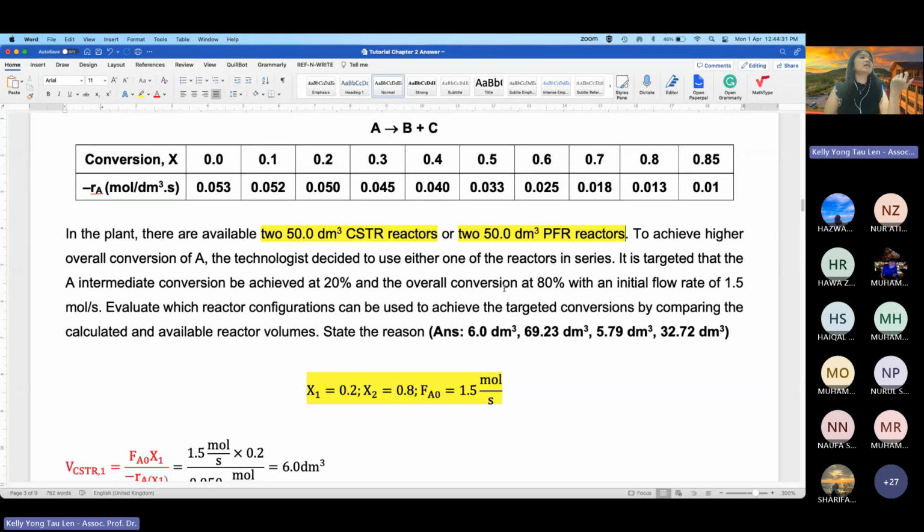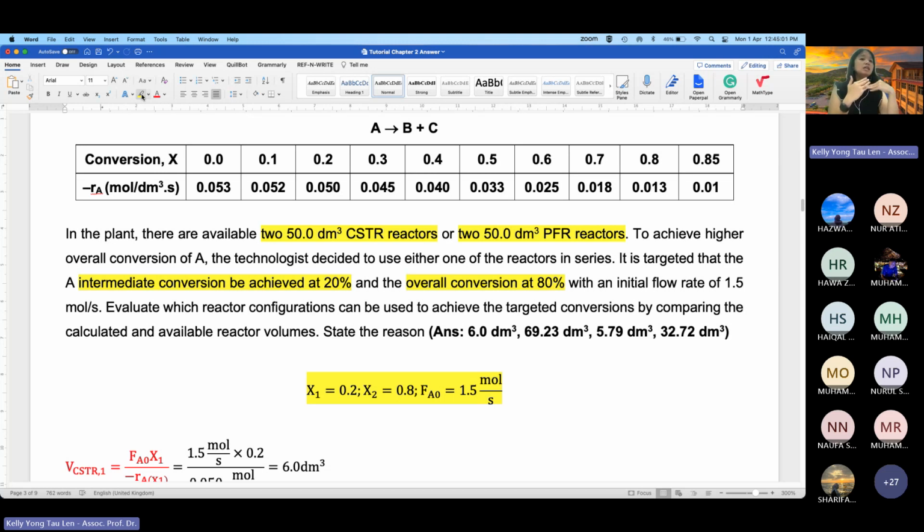The intermediate conversion is targeted to be achieved at 20%, so your X1 is 20% or 0.2, and overall conversion 80%, 0.8. So your X1 is 0.2, your X2 is 0.8.